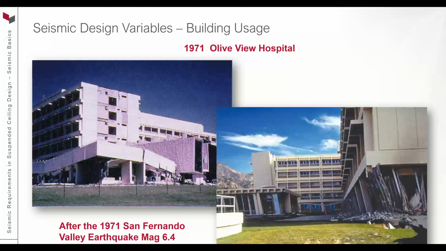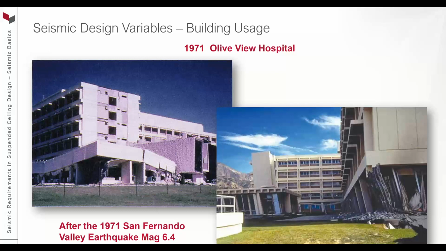We need to look at seismic and look at the variables and also look at the building types and say, what's needed at the end of a seismic event? Well, hospitals, fire stations, police stations, things of that nature.